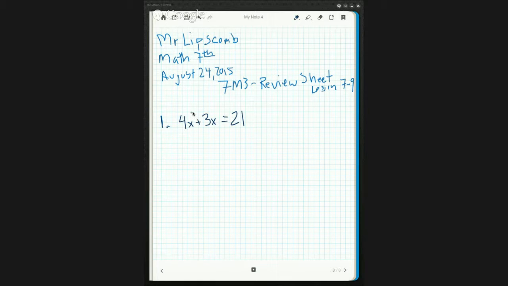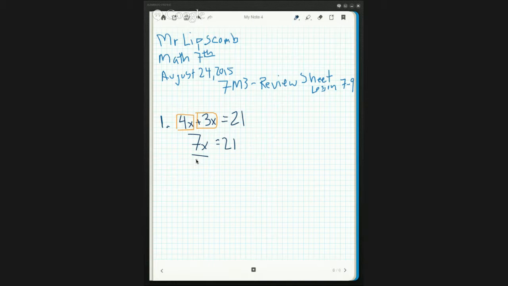The first thing that we're going to do, and we maybe haven't learned this in class yet, is this thing called combine like terms. So these are our like terms. And so step 1 is 7x equals 21.